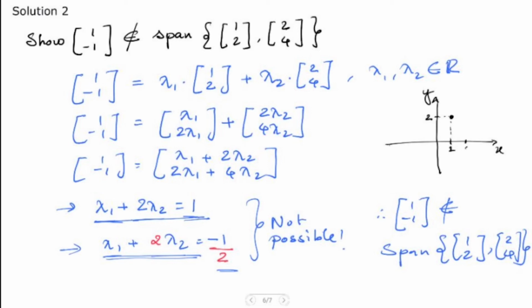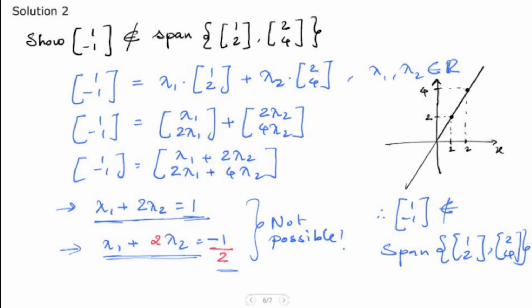So this is 2 here, and let me extend this here. So the 4 would be here somewhere. So as you can see over here, this is a straight line, right? The vectors (1, 2) and (2, 4) actually lie on a straight line.